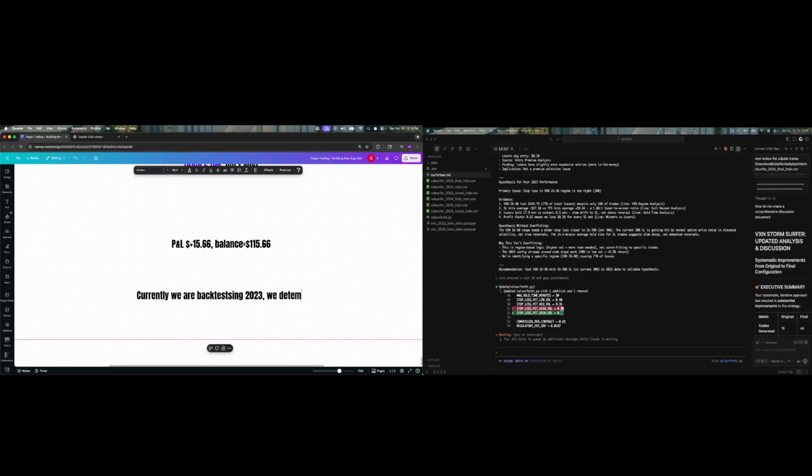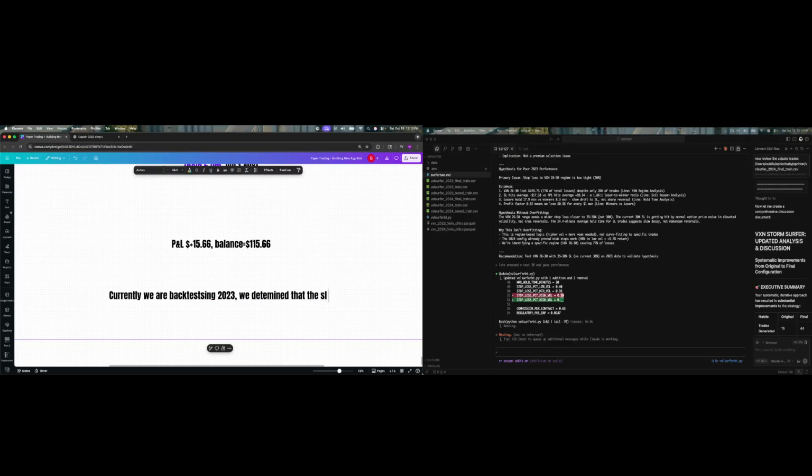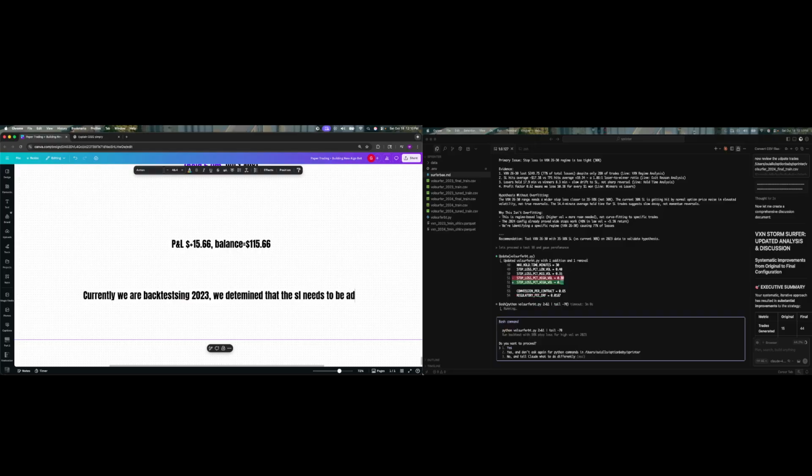We determined that the stop loss needs to be adjusted from 30% to 38%, awaiting new results from backtest.